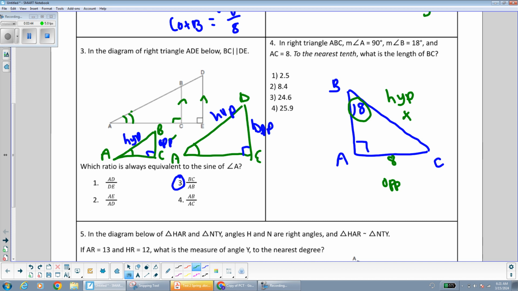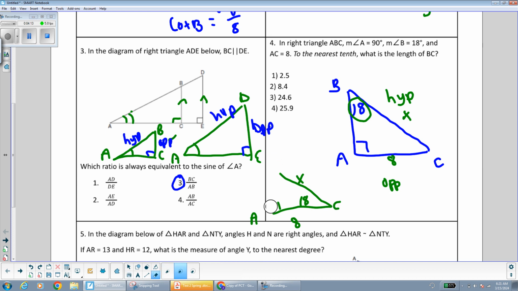If you put the 18 here, let's redraw that really quickly so we can see. If you put the 18 here, then you would have adjacent and hypotenuse, so then it would change to cosine.